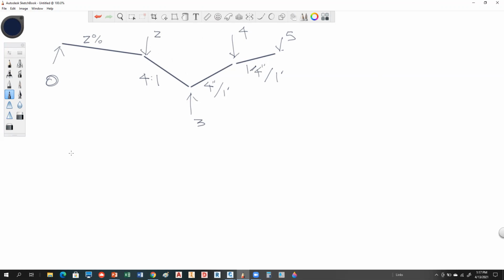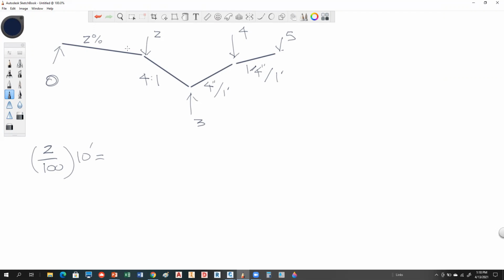So the first thing I'm going to solve is the distance at 2%. We know that we have 2%, which would be 2% divided by 100 times 10 feet. Wasn't this pavement 10 feet? All right, so what's the drop there? 2 divided by 100 times 10.